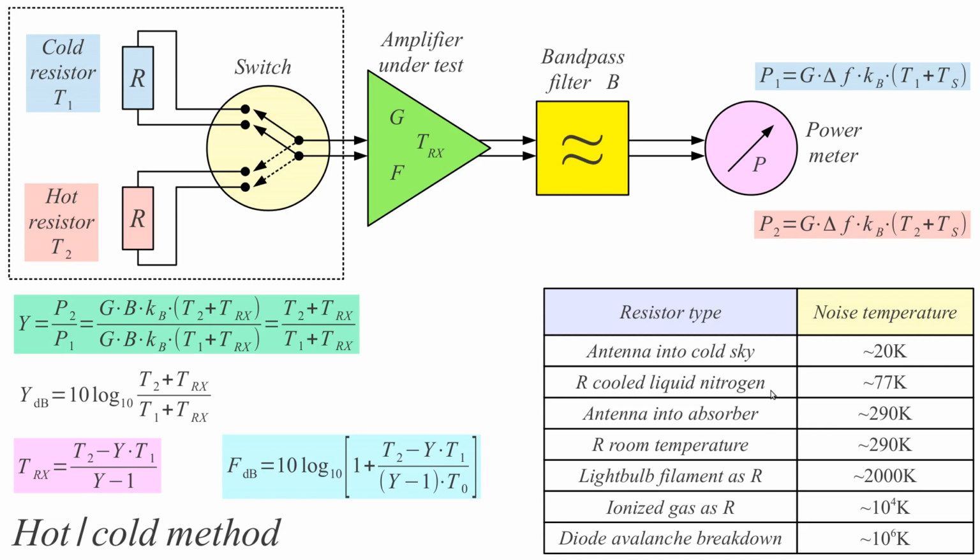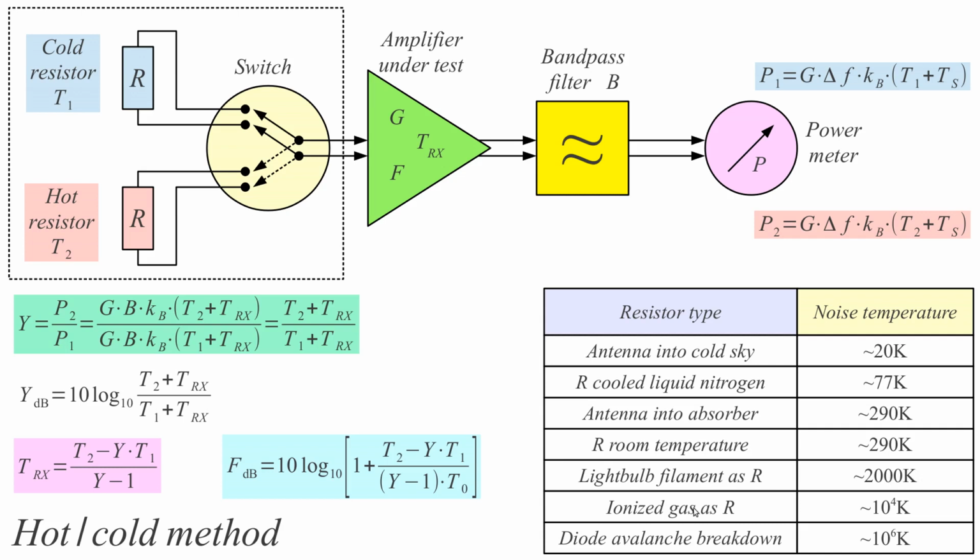We can cool our resistors to liquid nitrogen. We can go even cooler if our antenna is pointed into the cold sky, avoiding the sun and avoiding a few celestial noise sources. But we can also heat our resistor, say heat it with a light bulb. A filament of a light bulb is a resistor, and if we make this light bulb shine, its filament glow, perhaps we can reach 2000 Kelvin.